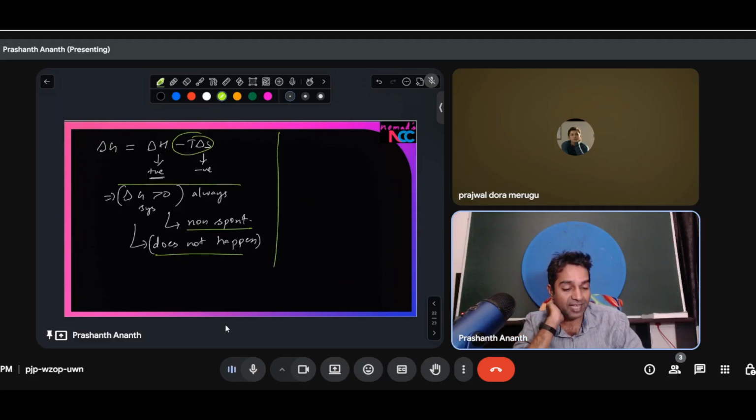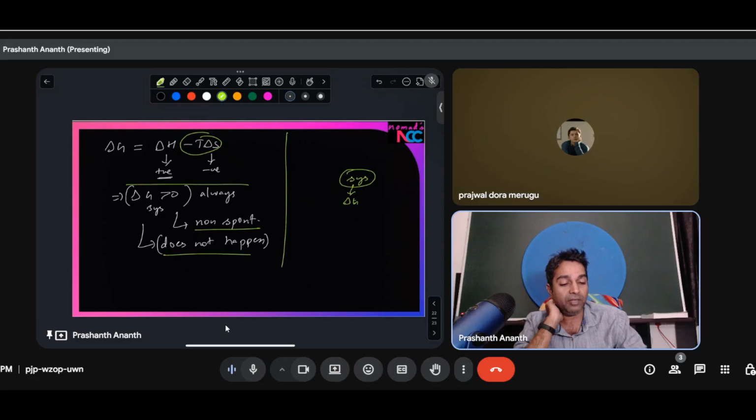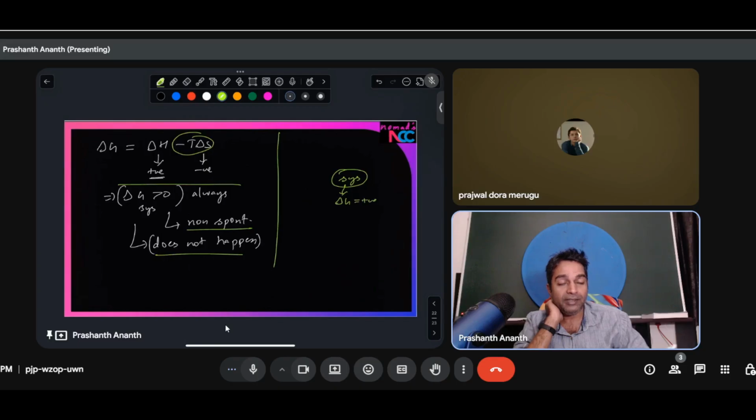The idea is this. Let's say I'm having a small system here. If this small system is going to have delta G being positive, then it will not happen.